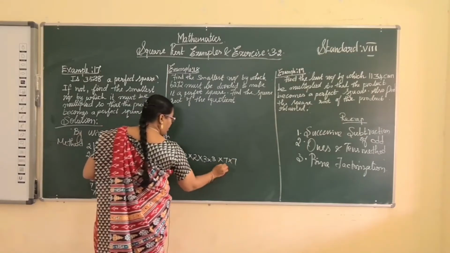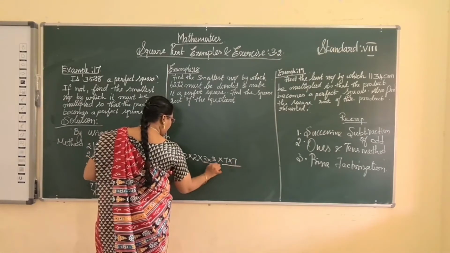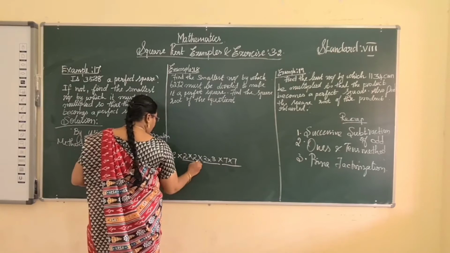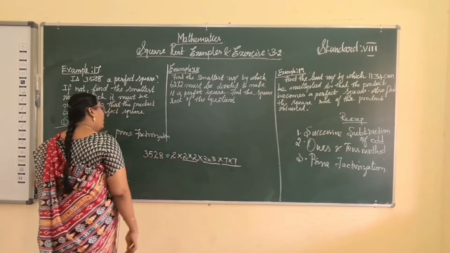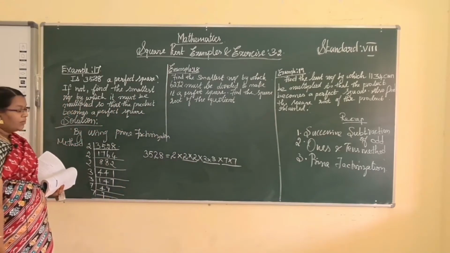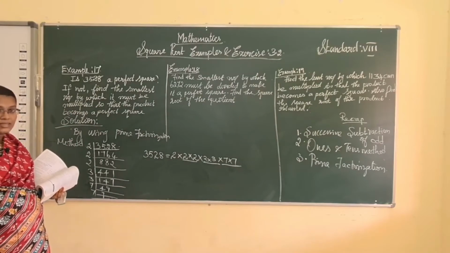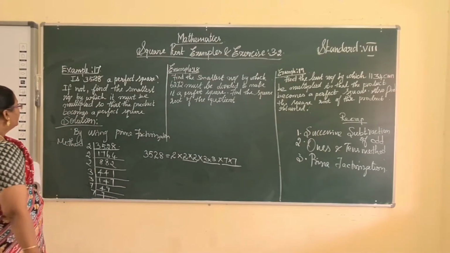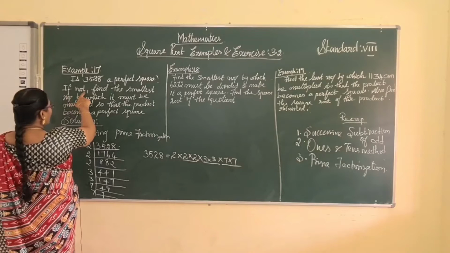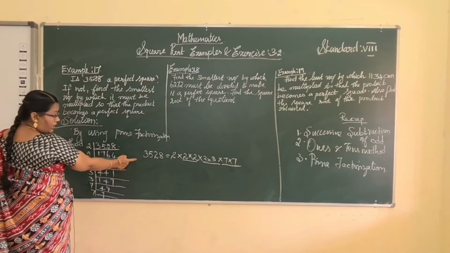So 7 has a pair, 3 has a pair, and 2 also has a pair, and one more 2 does not have a pair.